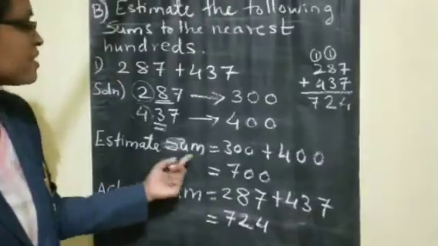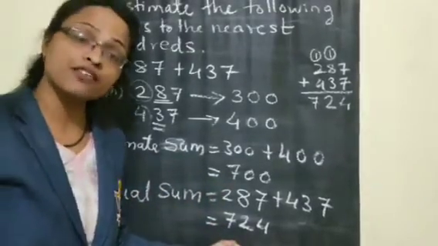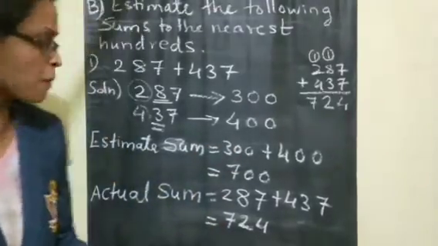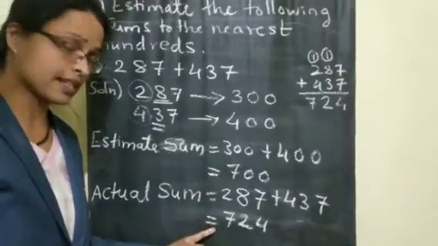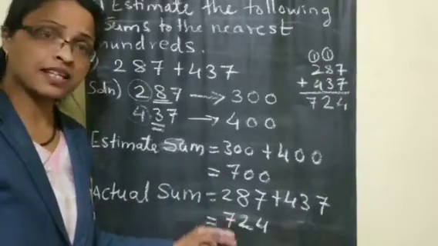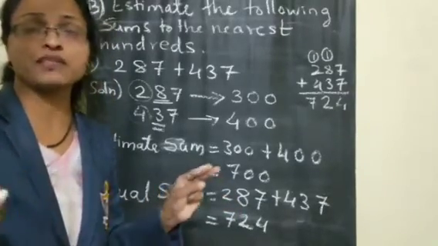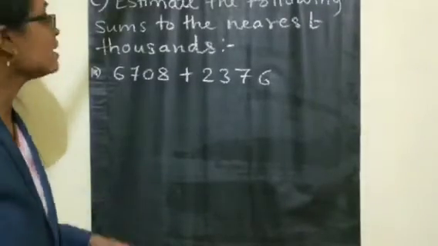So the estimated sum is 700 and the actual sum is 724. If you compare the estimated sum and the actual sum, both numbers are near to each other, 700 and 724. There is no big difference between them. Understood?